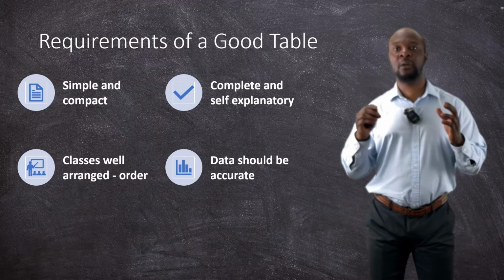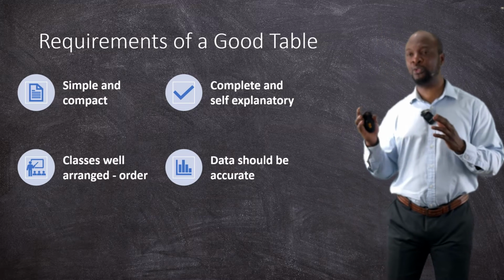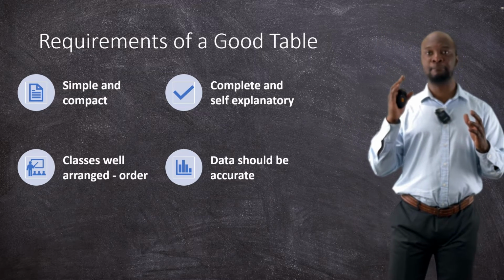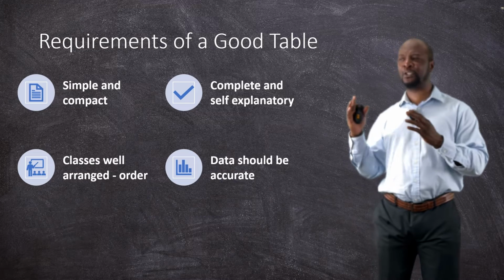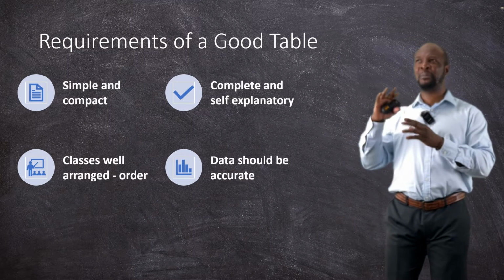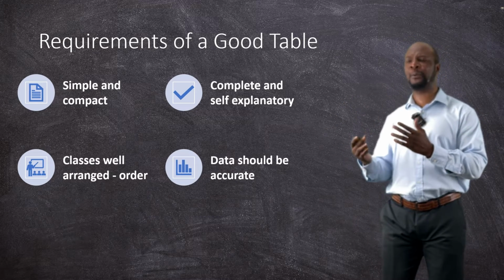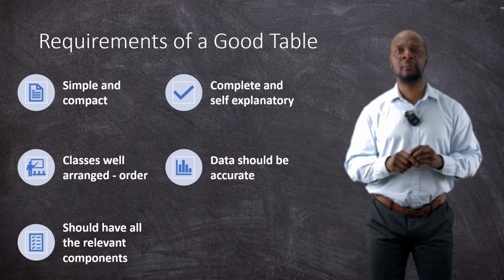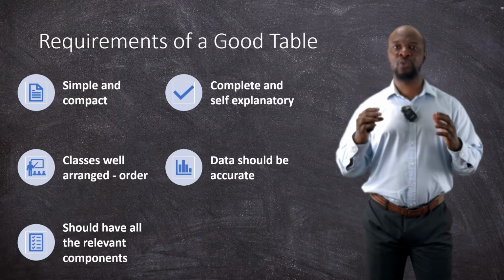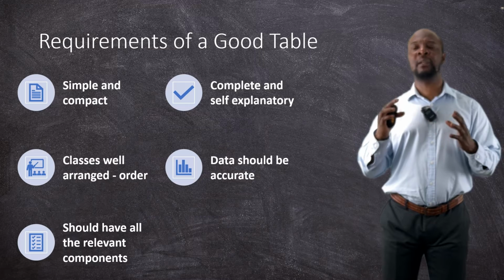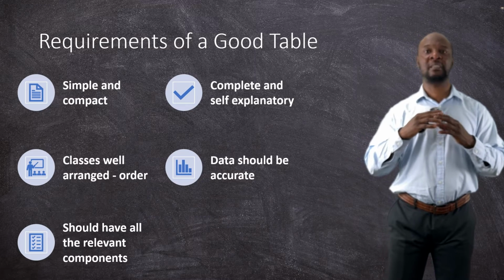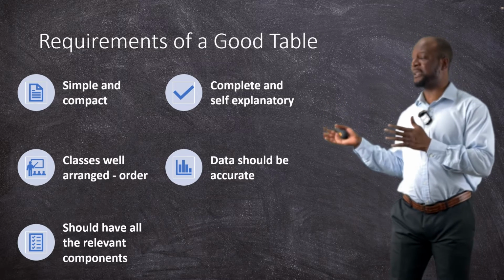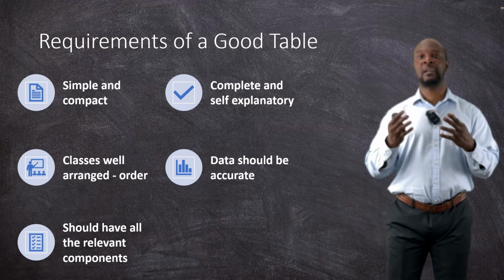Okay. The data also should be accurate. When you're putting up a table, I don't expect the percentages not to add up. We expect the data to be accurate, okay? The table should also have all the necessary components, all the ones we described in the previous slides.